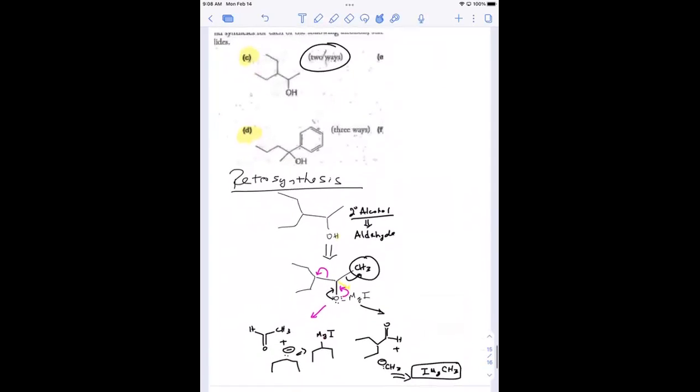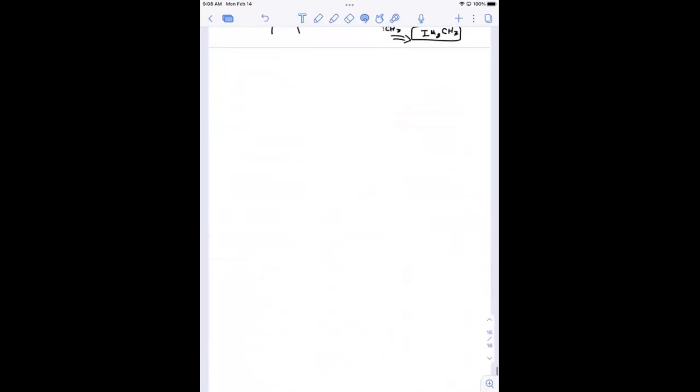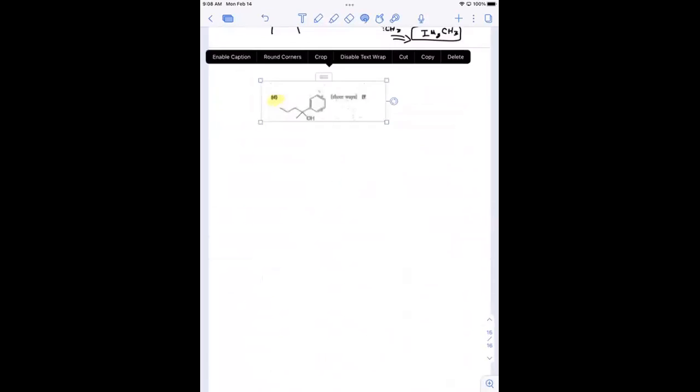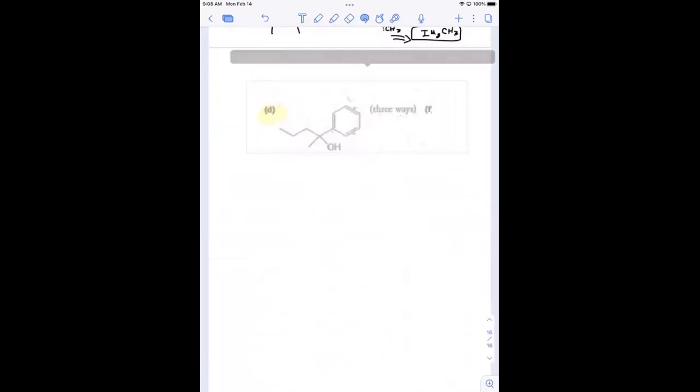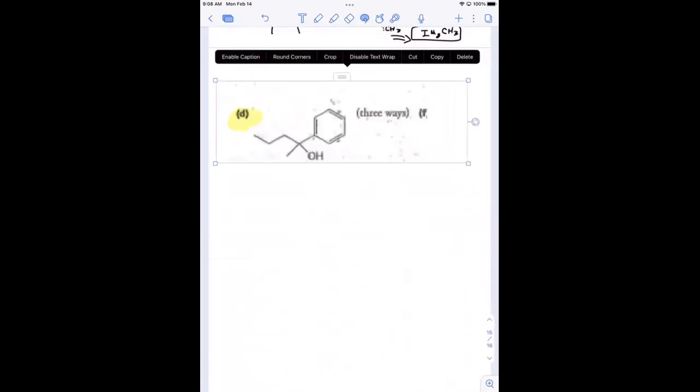Let's look at D. I'm just gonna cut it and put it on a blank sheet. So again, this is my alcohol, and it's asking me for 3 different ways I can make this. I need 3 different people to tell me a way that you will make this. Just give me one way that we can make it. We know it's an alcohol. We know from the instructions in the problem that the alcohol is a result of the addition of a Grignard.